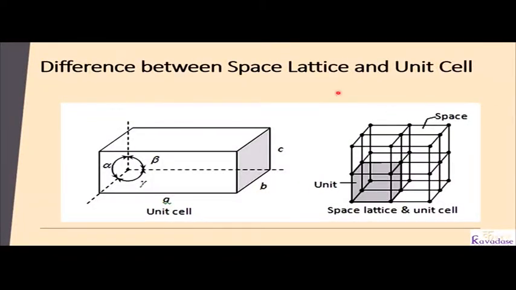So the difference between space lattice and unit cell: this is the space lattice, and this small element is the unit cell, which is repeating multiple times. A, B, and C are the lattice parameters, and alpha, beta, and gamma are also lattice parameters, which are the angles between these lattice parameters.